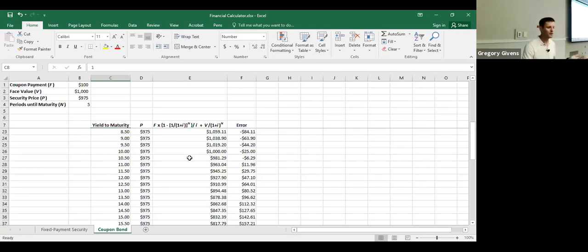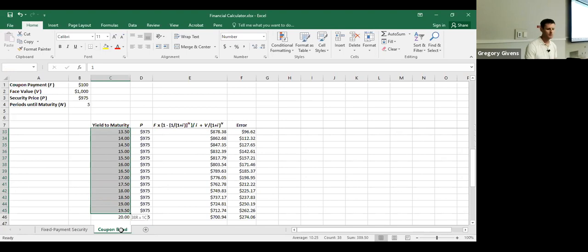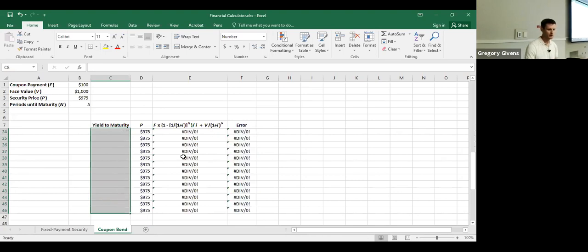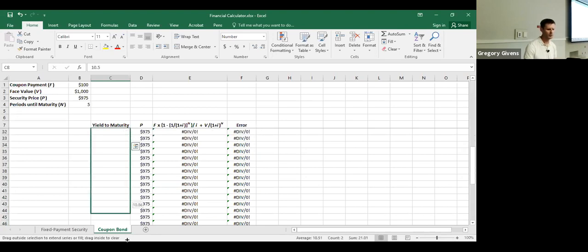So all you have to do to find it is just make your grid of different possible interest rates more fine, more granular. So let's start from 10.5% and consider them in increments of just 1 basis point at a time, and see if we can figure out closer what the interest rate is going to be.